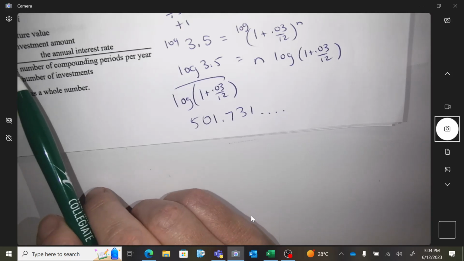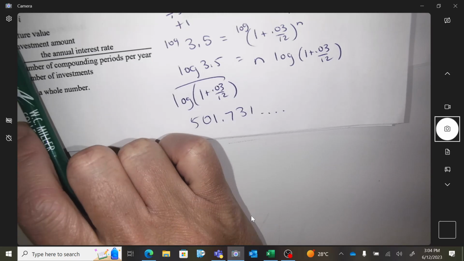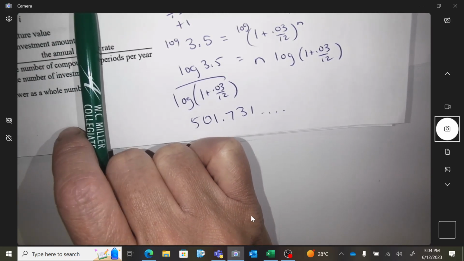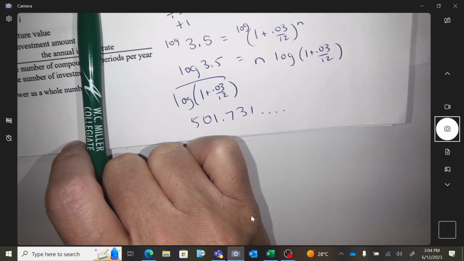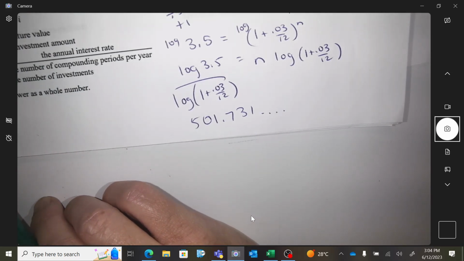So let's see, what is the question here? Determine how many monthly payments of $50 would have to be deposited into the account. Ooh, this is a tricky question.